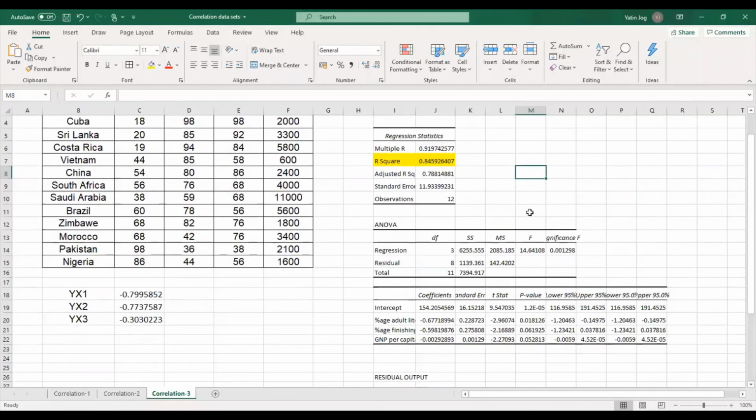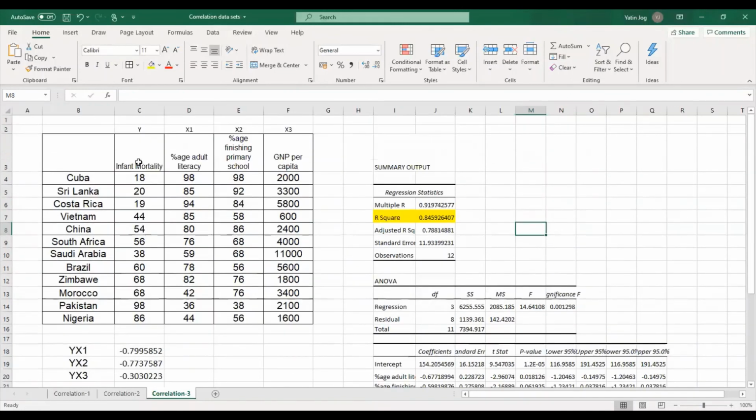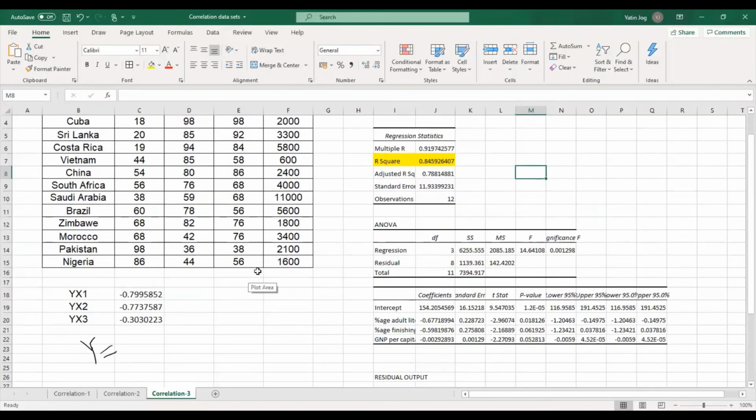If I have to write the data model equation, it is y, which is the infant mortality rate, that is my dependent variable. So y is equal to, in case of multiple regression, m1x1 plus m2x2 plus m3x3 plus b, which is the constant.